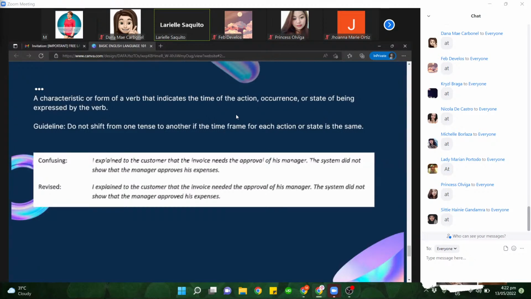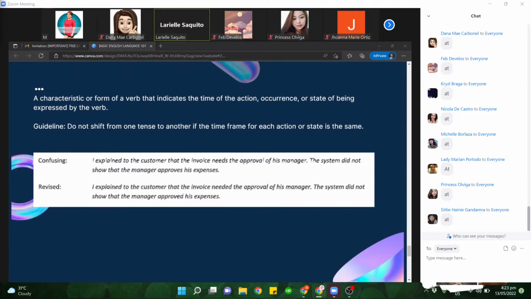So if, for example, the time frame for all actions within a particular sentence is in the past, or it has already happened, all the tenses of our verbs should be in the past tense as well. Likewise, if all actions are being done during the present time, or are currently being done, all our verb tenses should also be in the present form of tense.